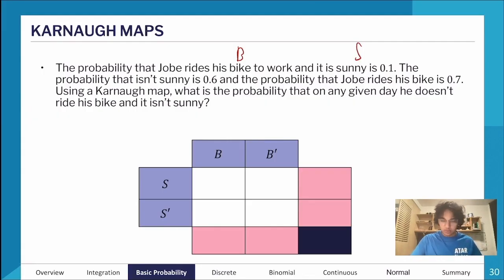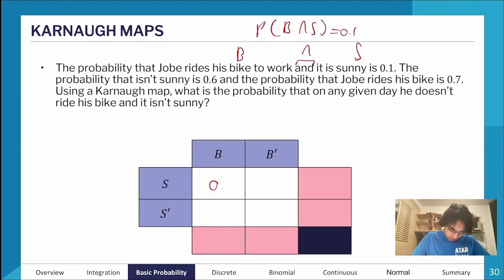Like, you don't need to know what the guy's name is. What you need to know is the 2 events and the numbers. So the probability that Joe rides his bike to work and it is sunny, that's the intersection event, B intersection S is equal to 0.1.